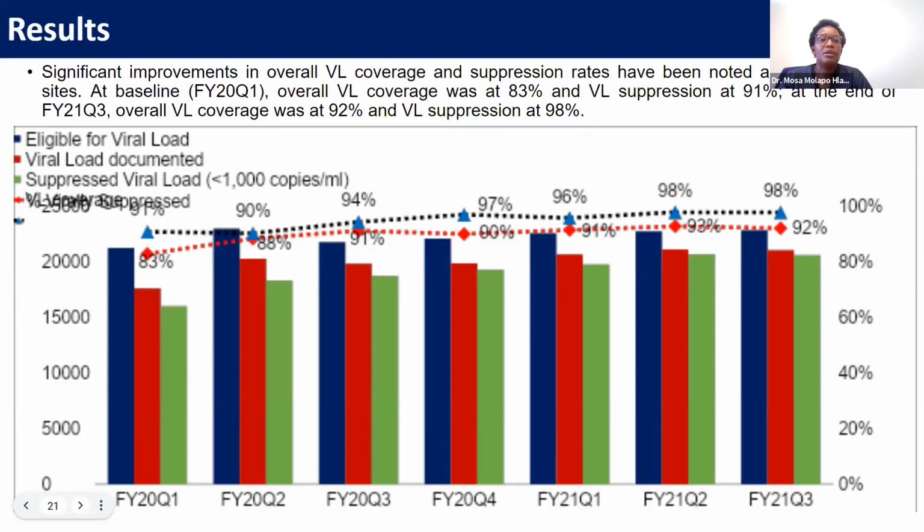So our viral load coverage was 92%, and viral load suppression at 98%. And we're glad to say that as of APR, when we close the final quarter of FY21, at the end of September, our results are at viral load coverage of 93% across the facilities that are supported under the program, and with viral load suppression at 99%.